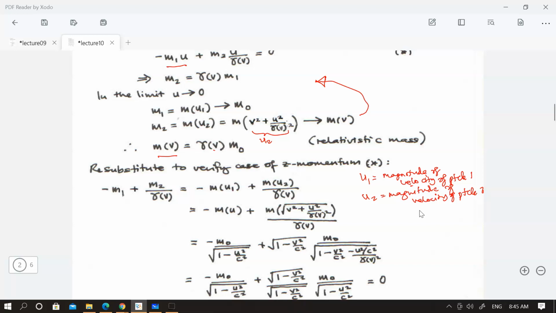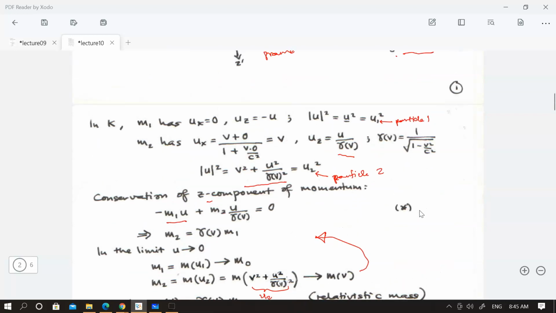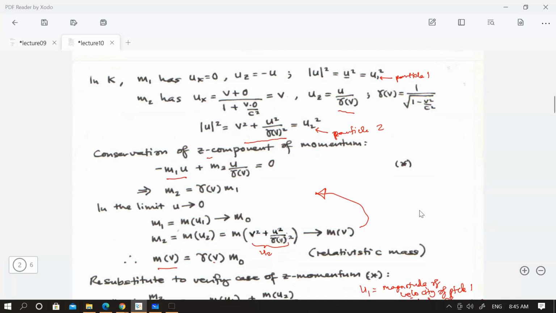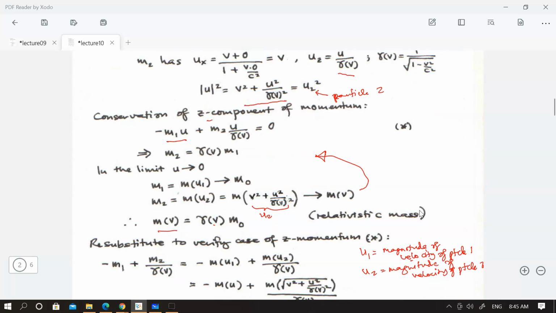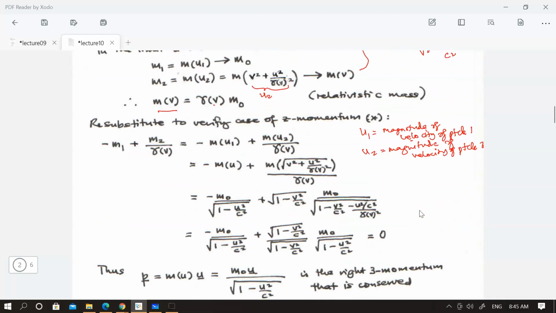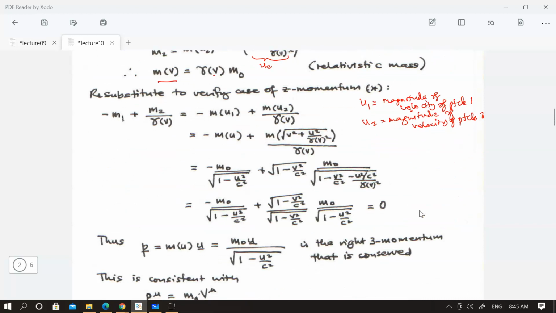Gamma v here, did I explain just now? Gamma v is just a relativistic factor coming from the velocity of the frame. So this we write as gamma v. So now this is going to be looking a little bit complicated here.